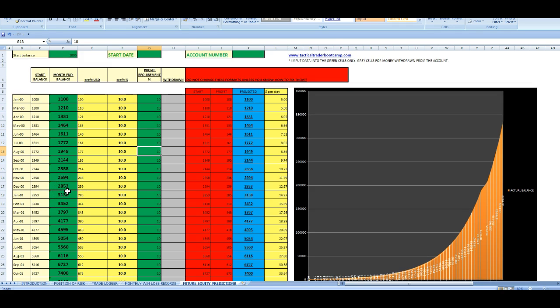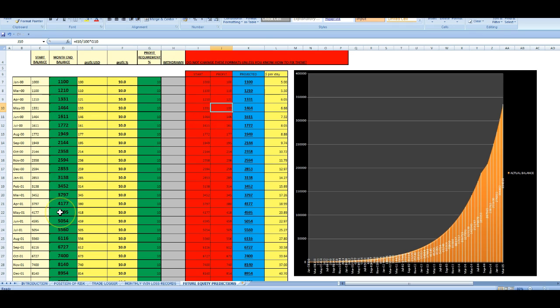But I just want you to grasp the concept about the power of compounding, okay? Now, this was a $1,000 account, and just by gaining 10% profit every month and then compounding the interest, profit in month 1 was 100, then 110, then 121, then 133, and this just carries on.